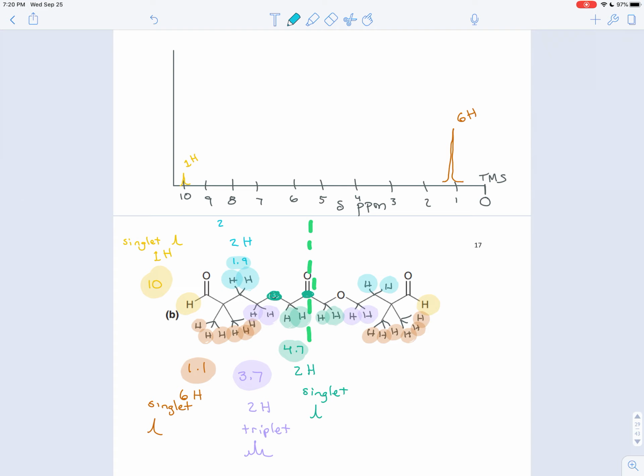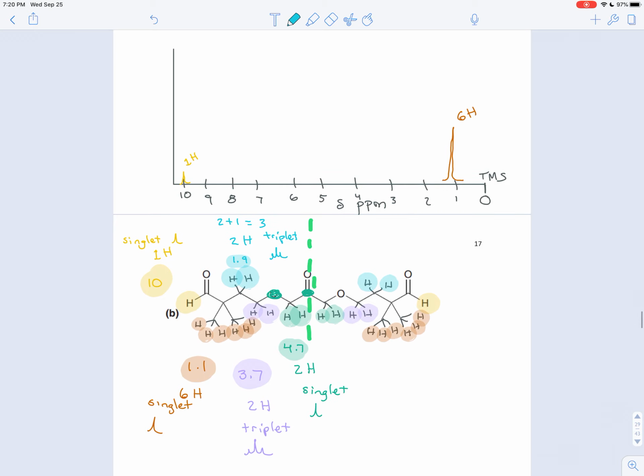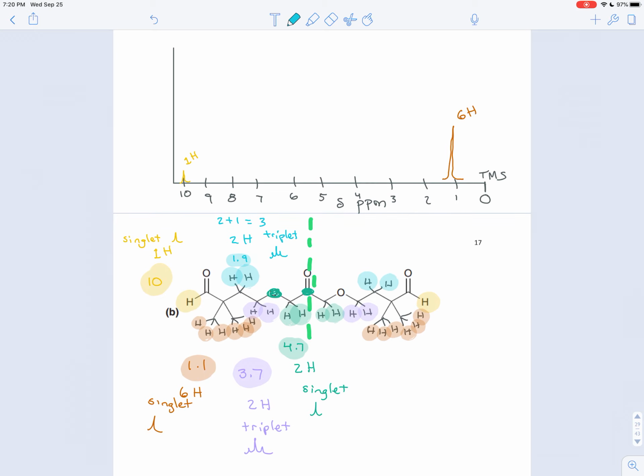So it follows the n+1 rule. Adjacent hydrogens plus 1, it splits into a triplet. So you get 3 spikes. So we'll have that triplet at around 1.9, and it'll represent 2 hydrogens. So 1.9, we have a triplet. It'll be a third the size of this. So 1, 2, 3.